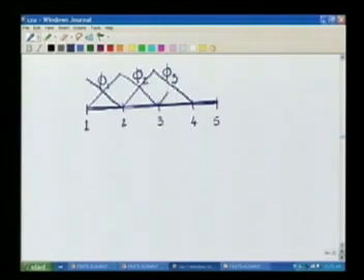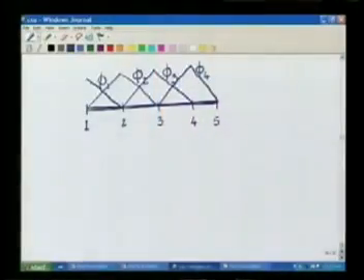Phi 4 will be 0 everywhere up to node 3. Beyond node 3, that is in element 3, it is non-zero, linear. At node 4, it is of size 1, and at node 5, it comes down to 0.